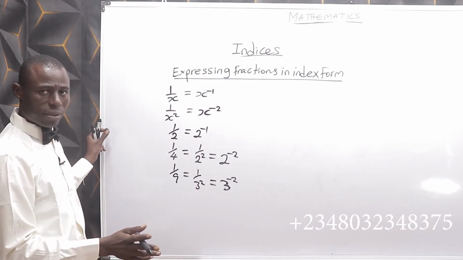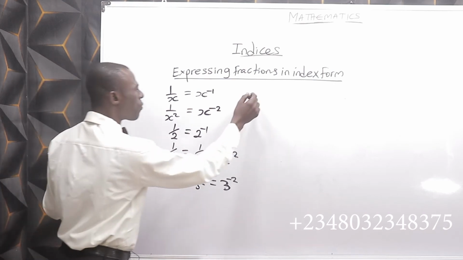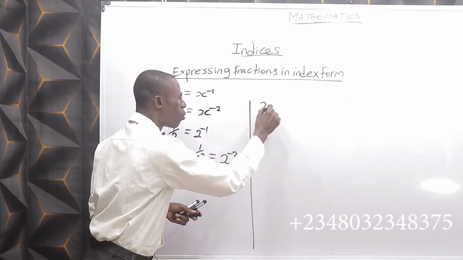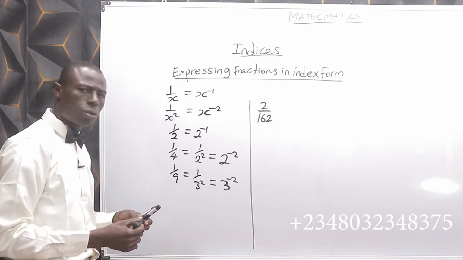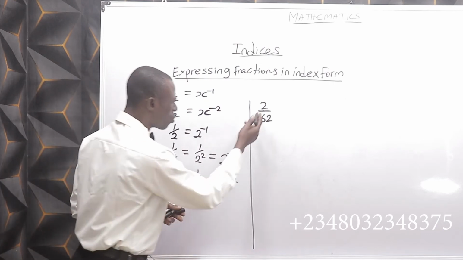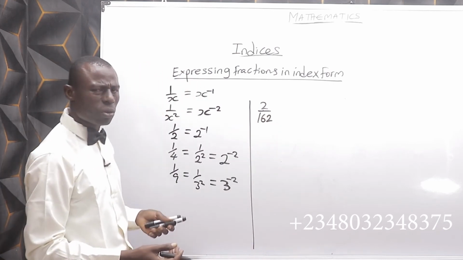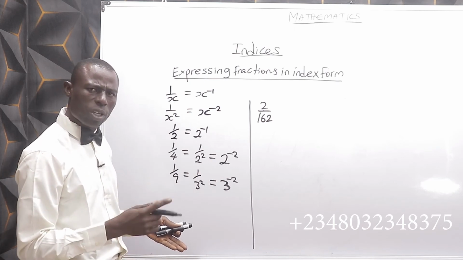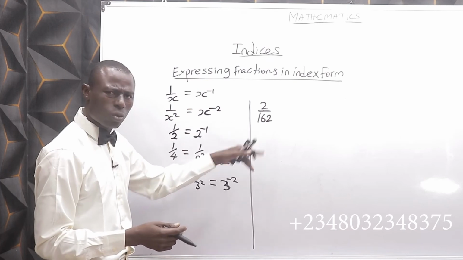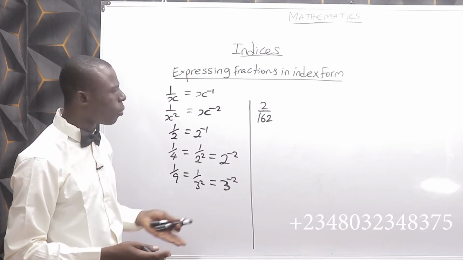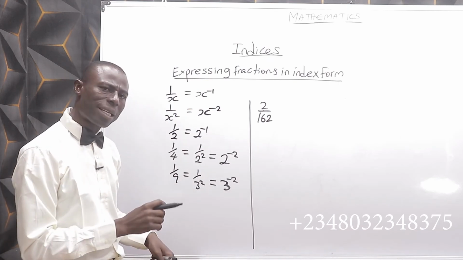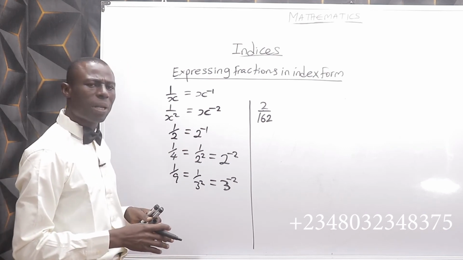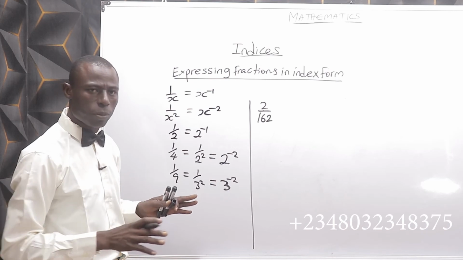It is interesting. So what if you are given a number like 2 over 162? What will you do? You see that 2 cannot be raised. If you raise 2 in index form, it will be 2 raised to the power 1. And 162 cannot be raised just like that, straightforward. Therefore, when you see a number like this, simplify the number first. Write the number in the simplest form possible.